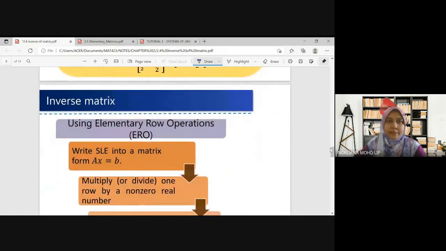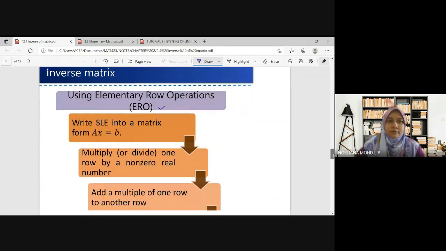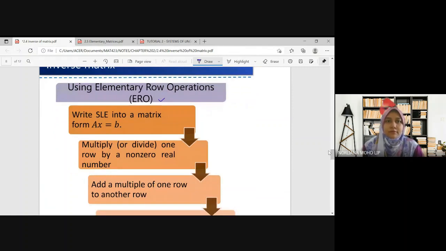Okay, the second method to find the inverse of a matrix. We can use the elementary row operation, ERO. First, write the system of linear equations into a matrix form.